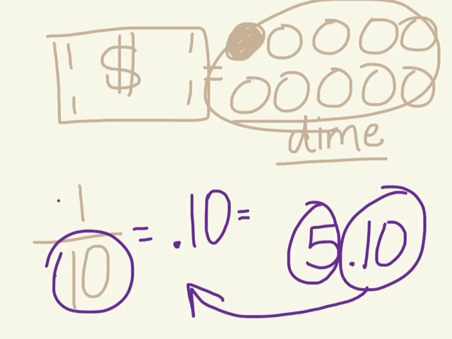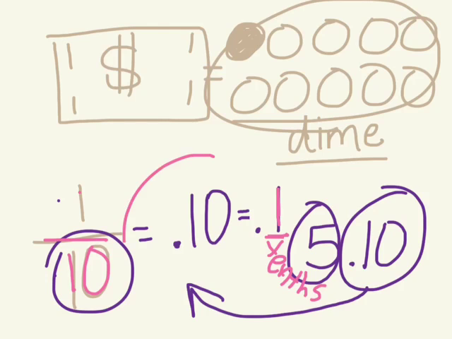It can also be written without that 0, 0.1. If I know anything about place value, which I should remember, this place after the decimal is the tenths place. So 1/10 is actually 1 out of 10, which makes sense. So 1/10 is written as 0.10.